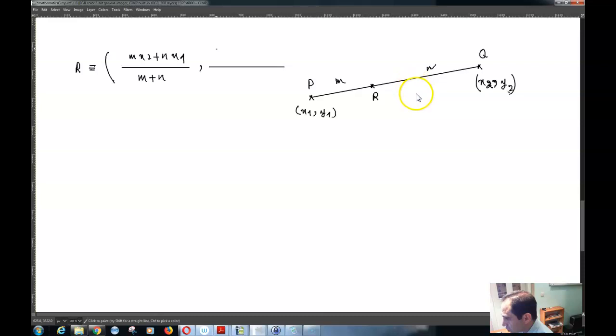Now, since you want to show that this line will intersect the line AC only at point E, you make an assumption that there can be another point of intersection of this line with AC, called, for example, E prime.